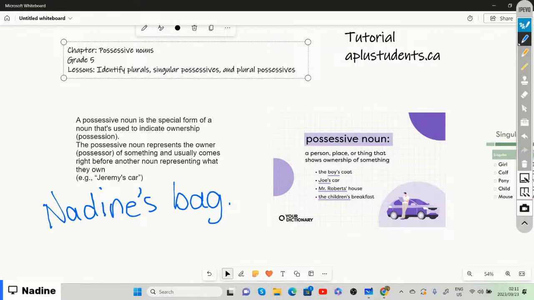If you don't put an apostrophe and you just put an S, then you are indicating a plural form. Because remember, if we just add an S to something, like for example, the boys' coat.